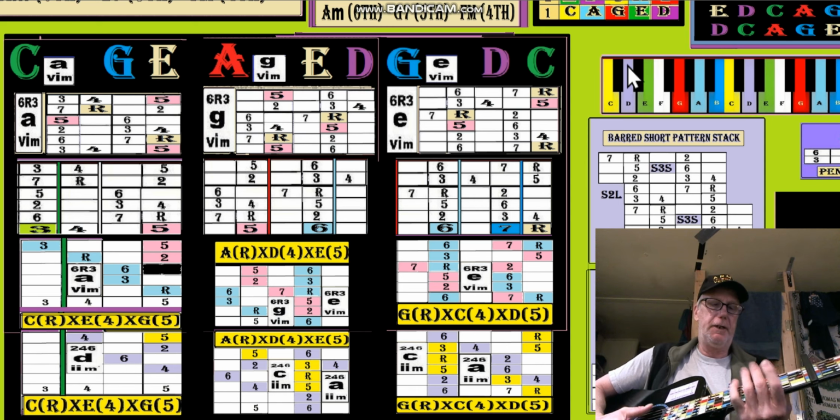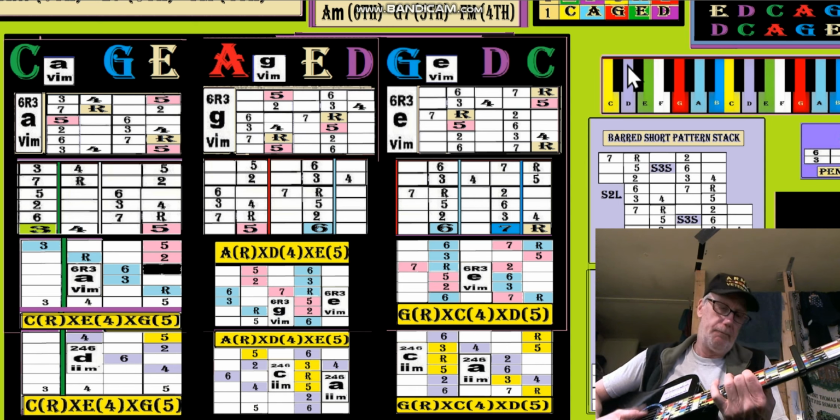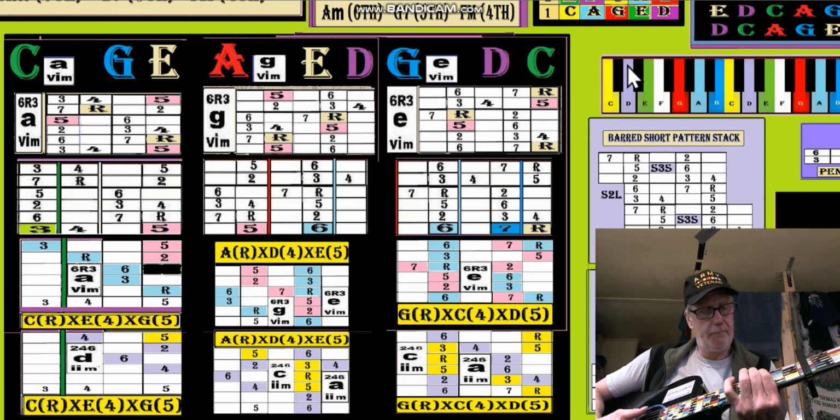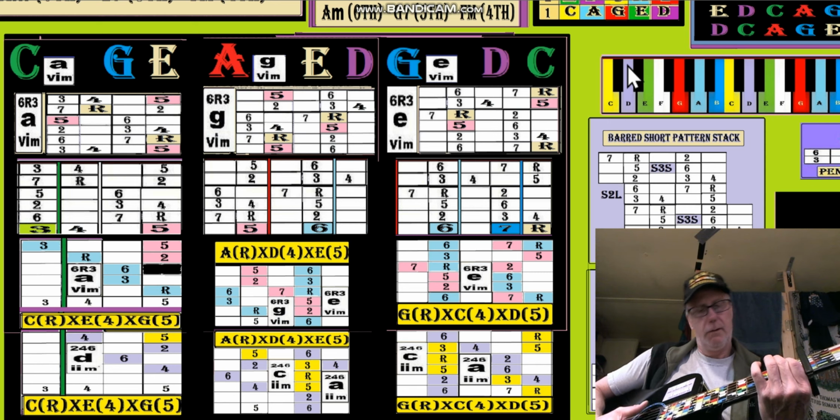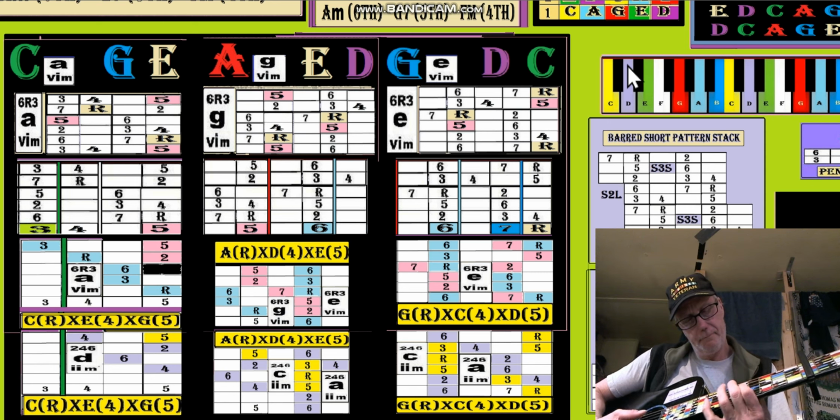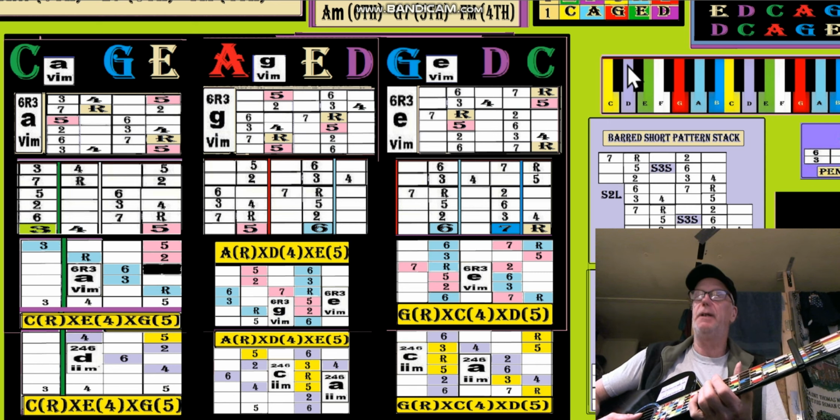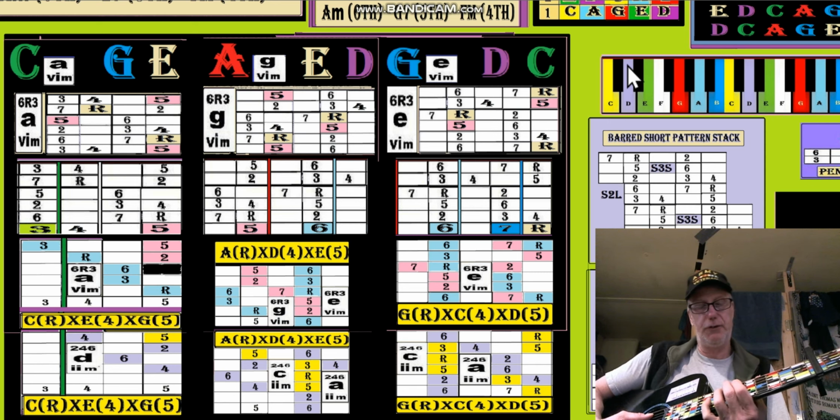So while someone else is playing like, see, I did it again. I played the C shape instead of the G shape.